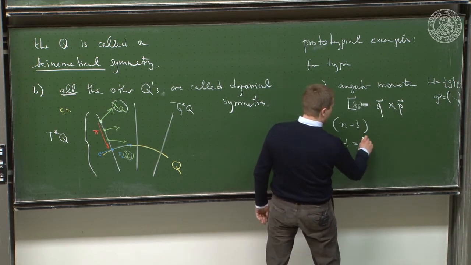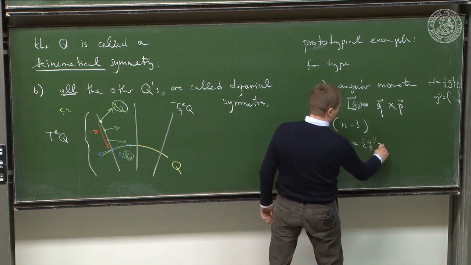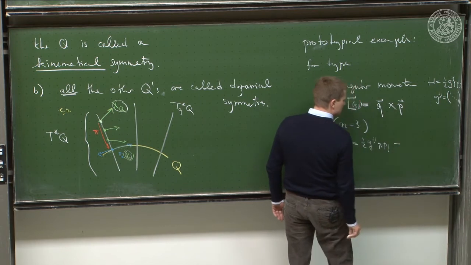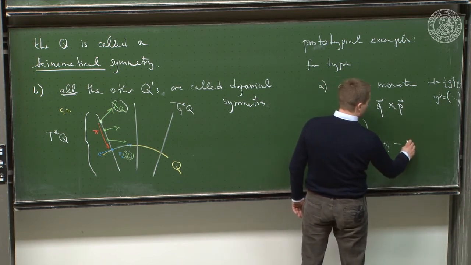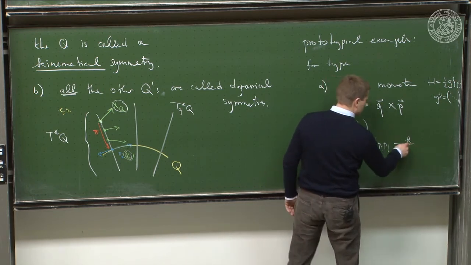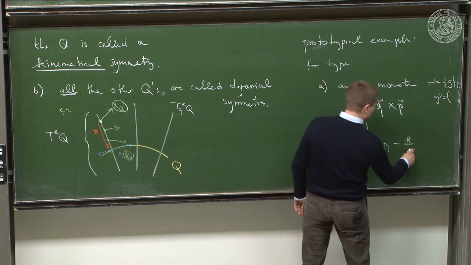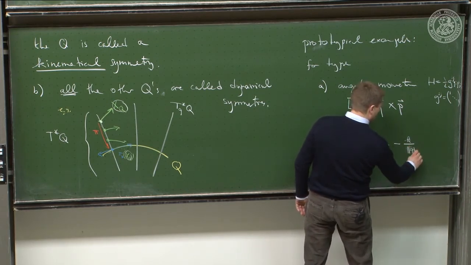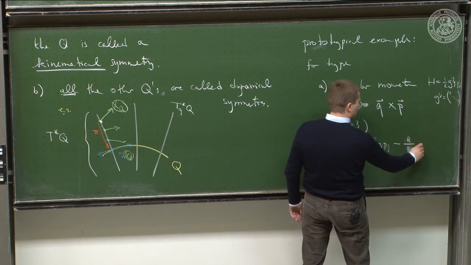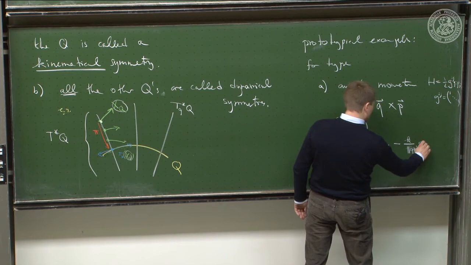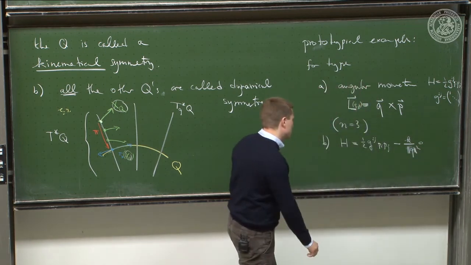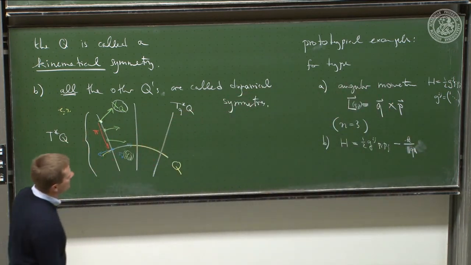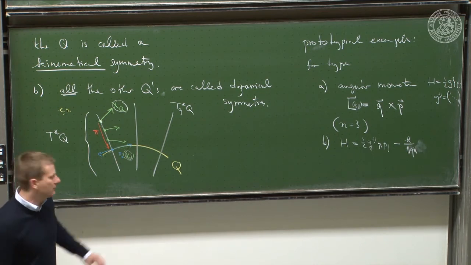The other example is 1/2 Gij Pi Pj, again flat metric, minus K, some gravitational constant with the central mass absorbed there, divided by the absolute value of Q times the unit vector of Q. Well, we could write here the square, and then again, hang on, now I'm confused. The potential, I'm sorry, the potential is just this. Yes, that's right. So that would be the Kepler potential.